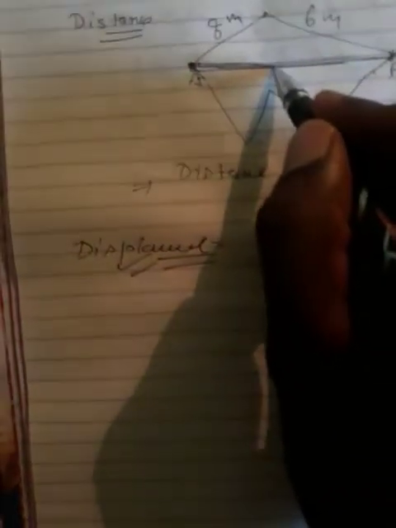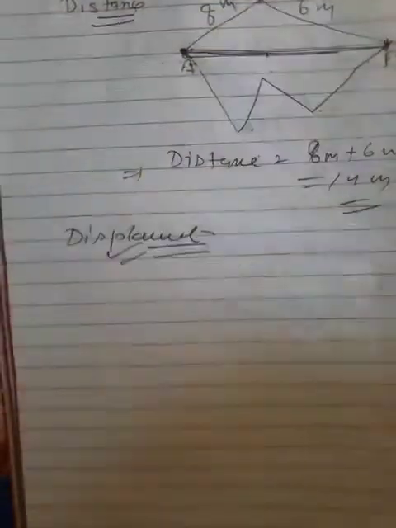This is the actual displacement of the object, meaning the length of AB. Whatever the length of AB comes out to be, that will be the displacement of the object. Displacement means the shortest distance between initial and final point.